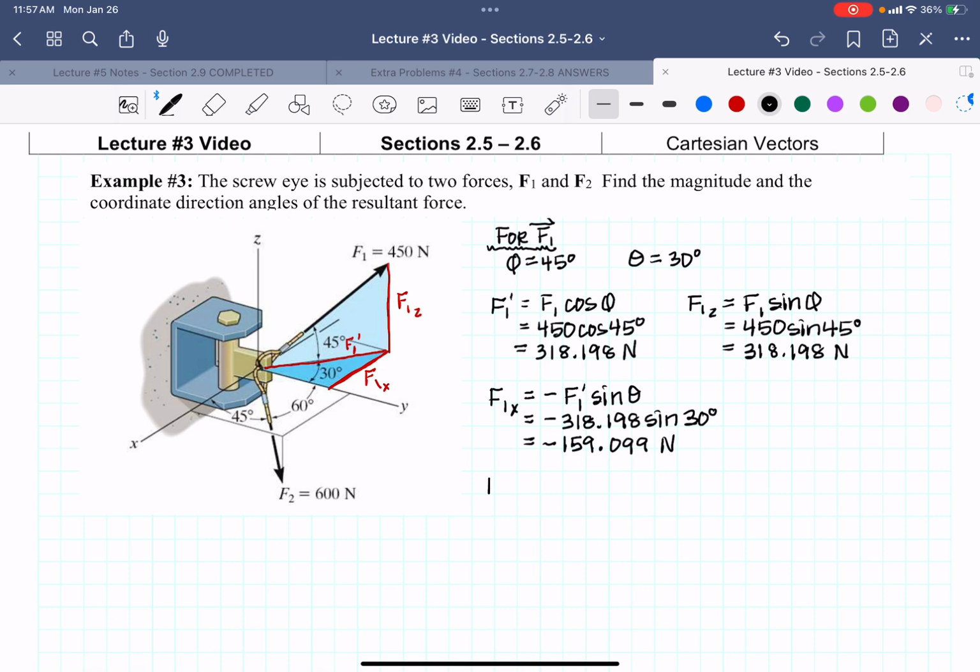So now I can solve for F1 of Y. Let's look and see if it's negative, which if you notice, it goes to the right, which is positive Y, so it is not negative.